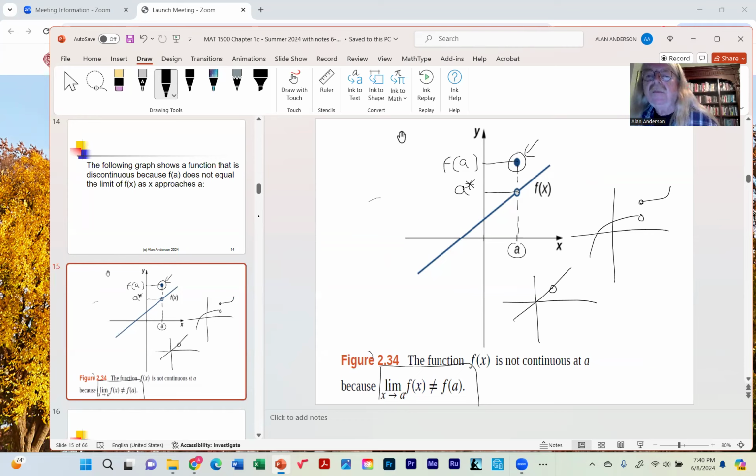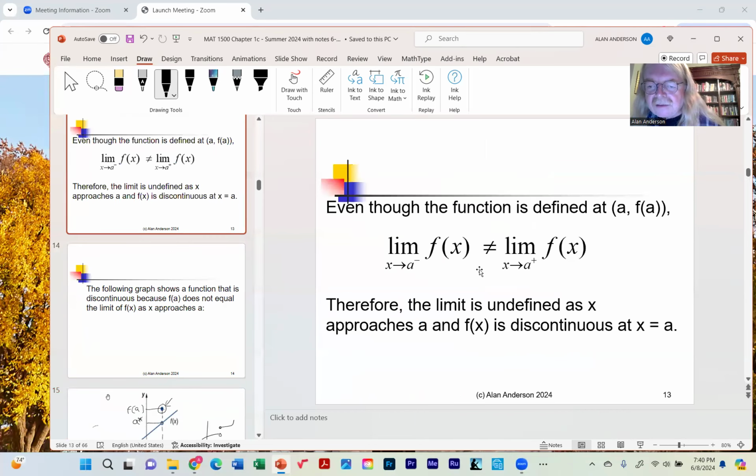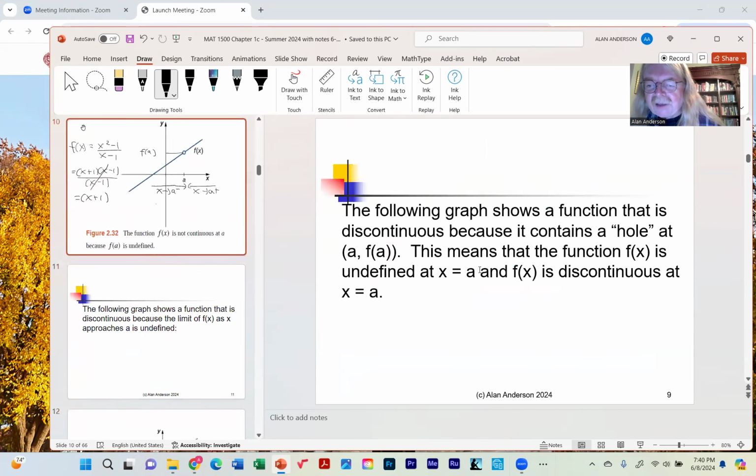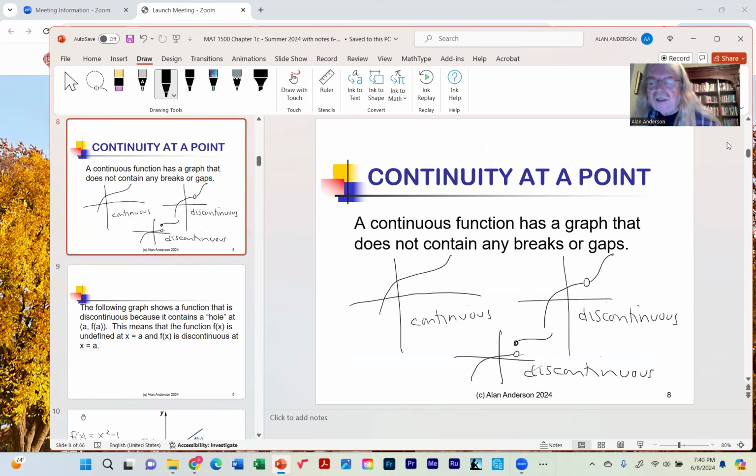That's our limit. But up here, we see that f of a is actually equal to this point. So they do not equal each other. And that's another indication that we have a discontinuity. So actually, when I was drawing these pictures up here, I left that one out, it looks like. Let me add that to our collection here.